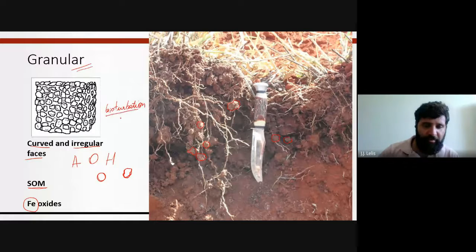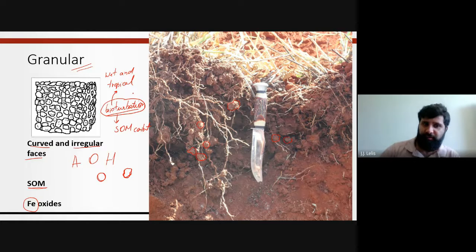And the bioturbation increases the soil organic matter content. When we can find a lot of bioturbation, generally we can see it in wet and tropical conditions.